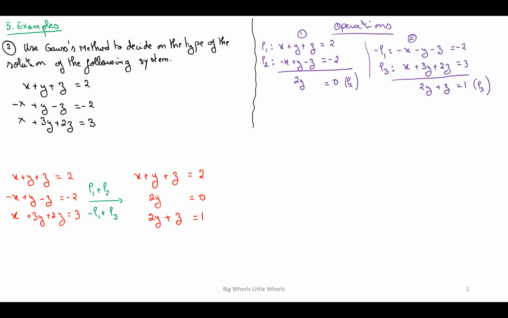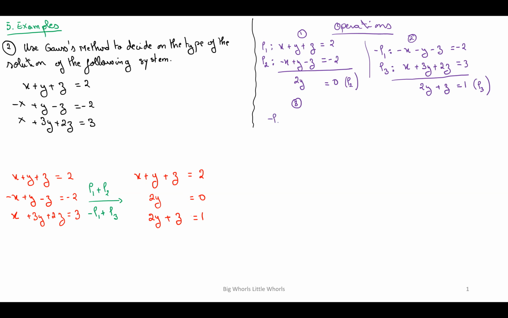Now we are going to use the y in row 2 to eliminate the y in row 3. Is that okay? So this is going to be our third operation. I'm going to use row 2. How do I cancel the 2y in row 3? I multiply row 2 by minus 1.